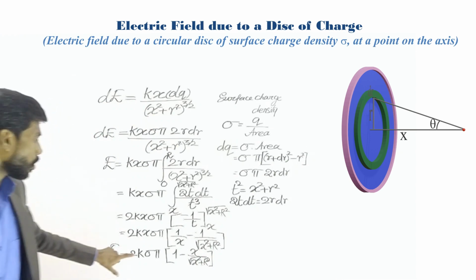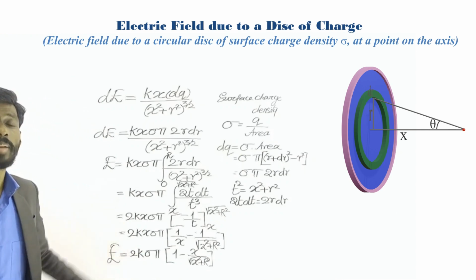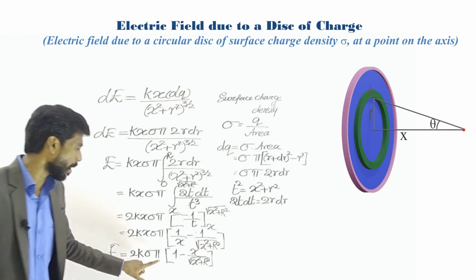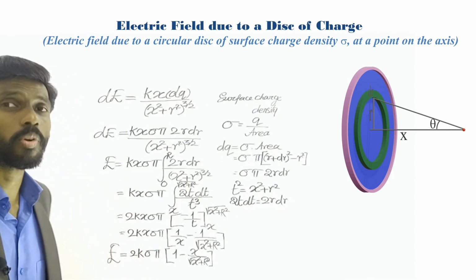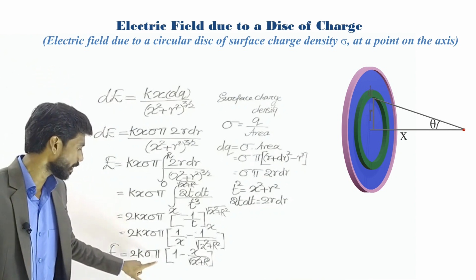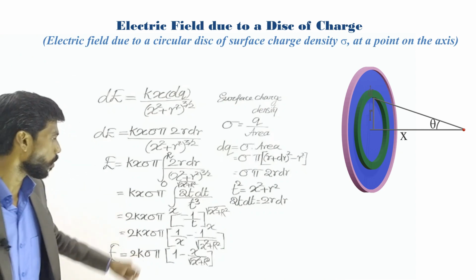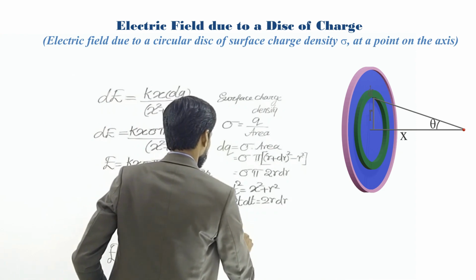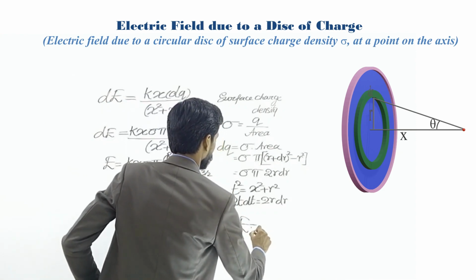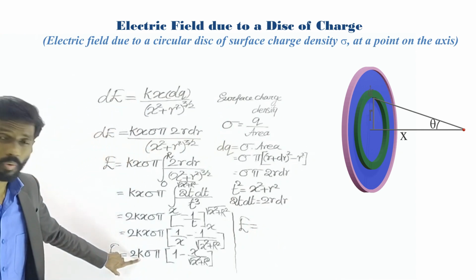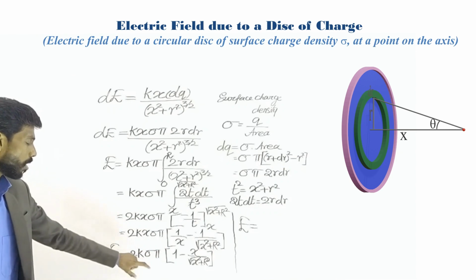Now we can write this k in terms of epsilon 0, because we already have a pi, so there is a chance of this pi getting cancelled. What is k? 1 divided by 4 pi epsilon 0, so that pi will get cancelled. So E here equals, with k as 1 divided by 4 pi epsilon 0, this 2 pi will get cancelled, so 2 epsilon 0 will be left.